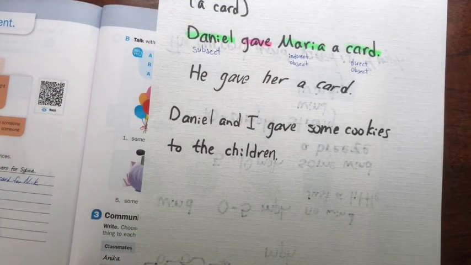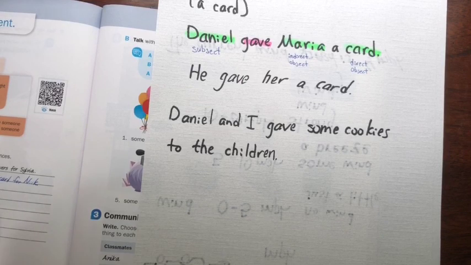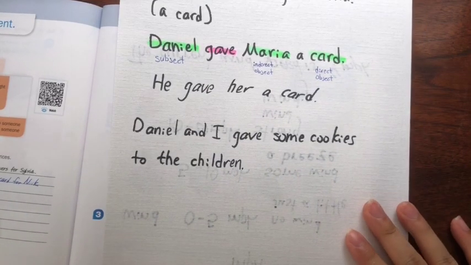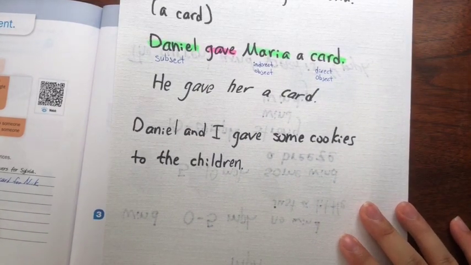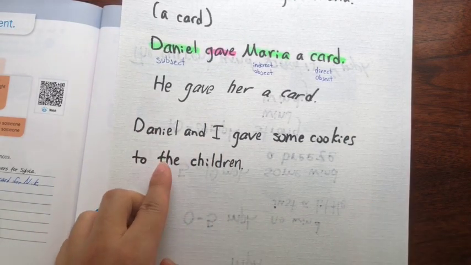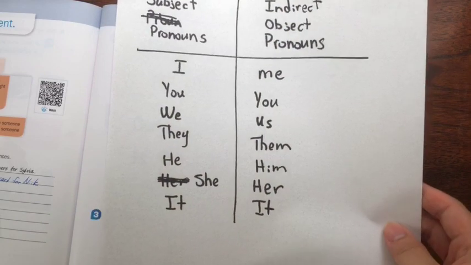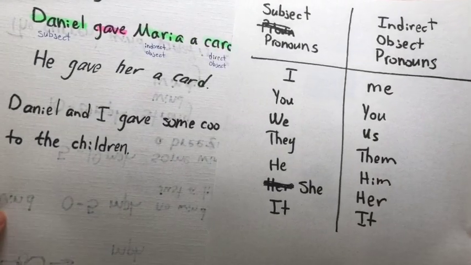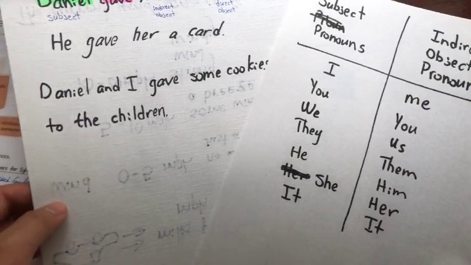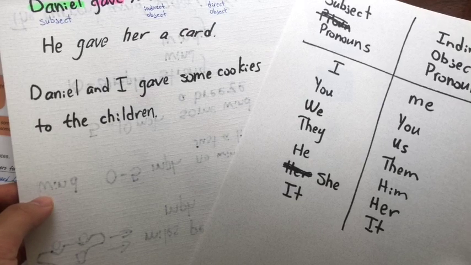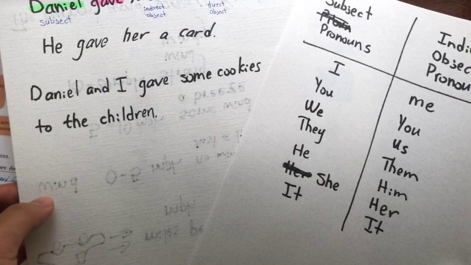Daniel and I gave some cookies to the children. Okay, I want you to stop the video and write this sentence with the subject pronouns and the indirect object pronouns. Daniel and I gave some cookies to the children. So stop the video and write the sentence.